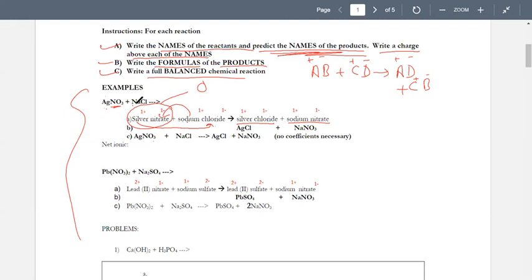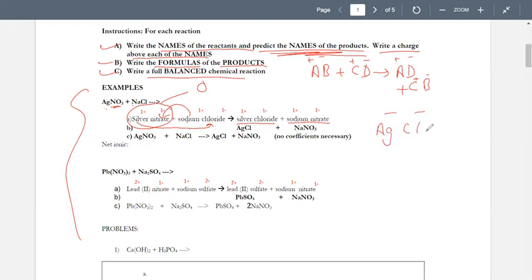Similarly, sodium has 1 positive charge, chloride ion has 1 negative charge. So once you know the charges of these, you can easily find the charges of the products because they are going to be the same charges. Now, once you are done with that, then you can easily write the chemical formula. If you know the charge, it's crisscross. Do you remember or not?